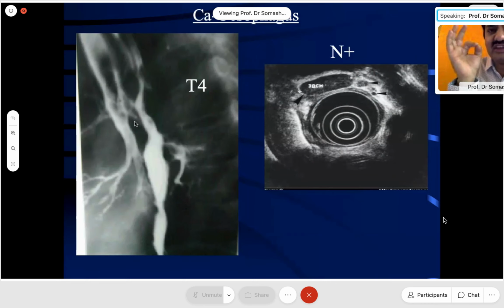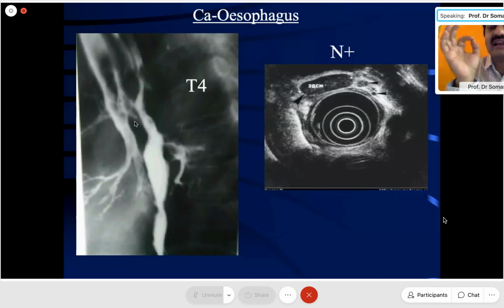If a case of CA stomach comes with palpable mass per abdomen, they are rarely operable, rarely curative. If a case of gallbladder cancer comes with jaundice at presentation, not periampullary, not pancreatic, gallbladder, they are inoperable, they cannot be cured by surgery.